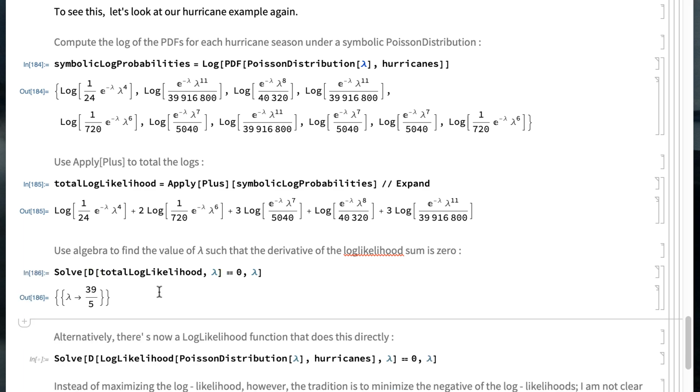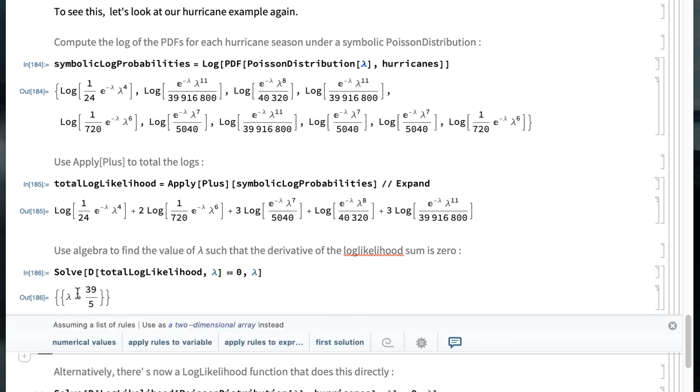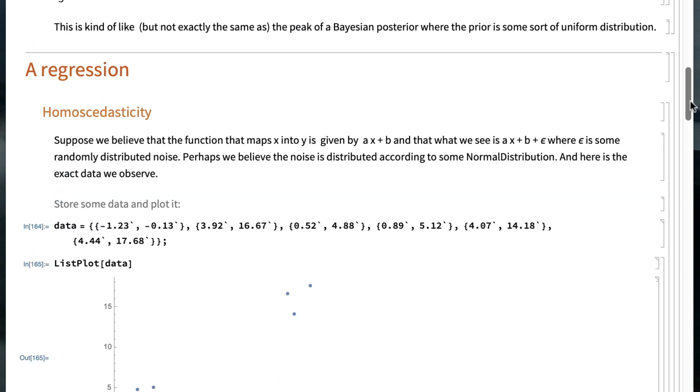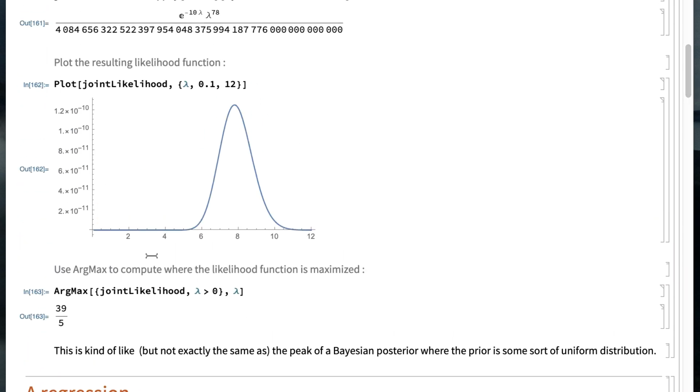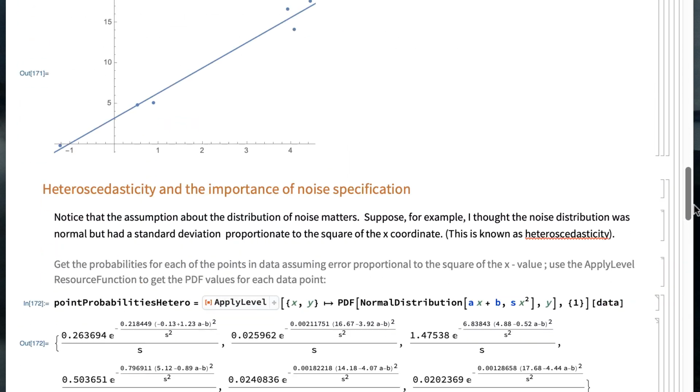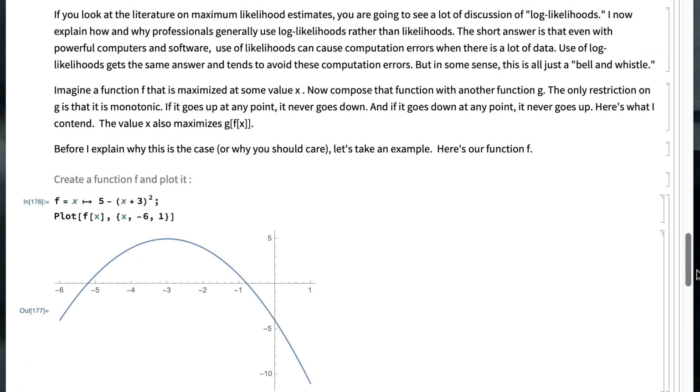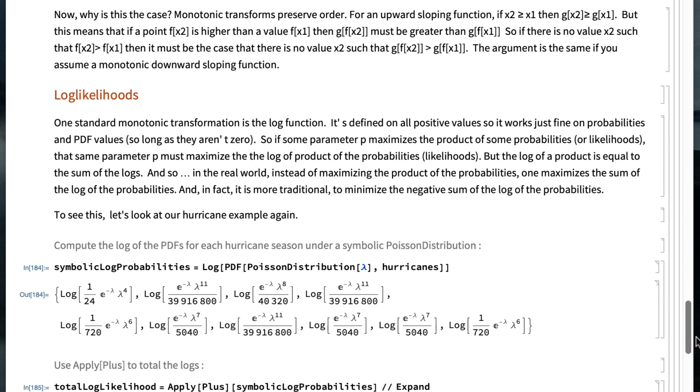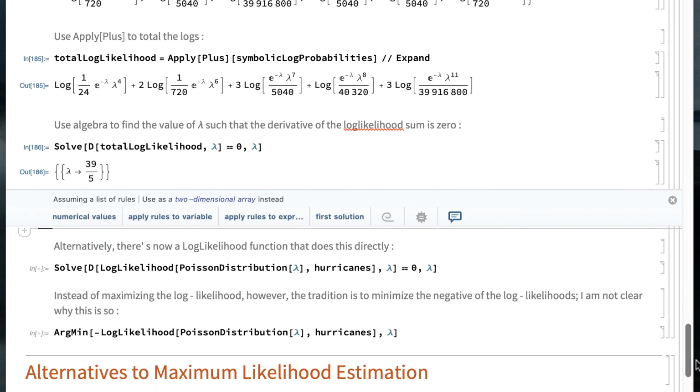And so we'll just do that. And it turns out to be 39/5, which is exactly the same number that we got up here when we weren't using this log transformation trick or method. So back down we go.